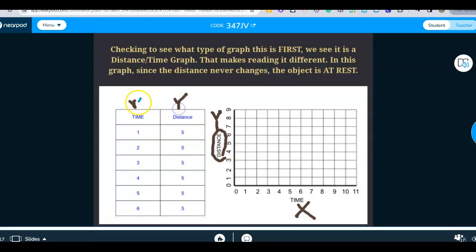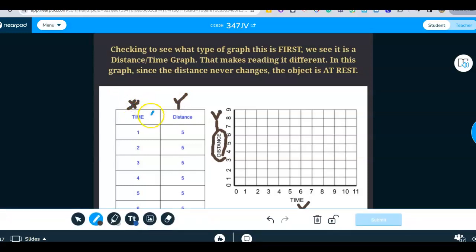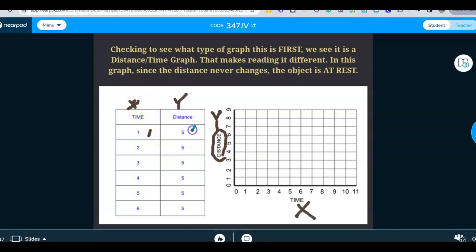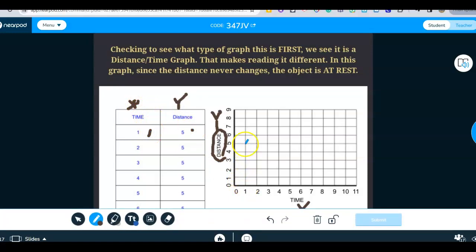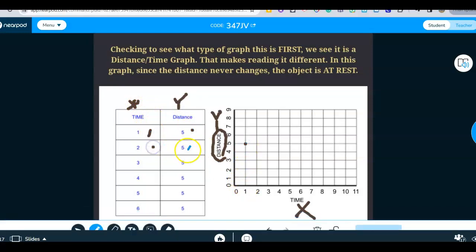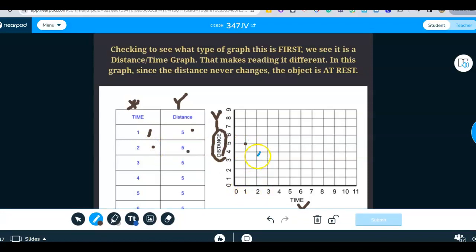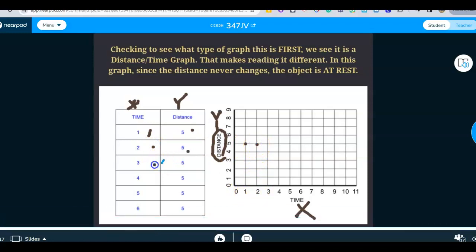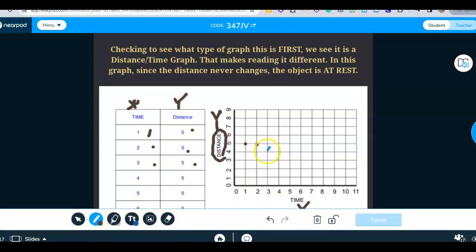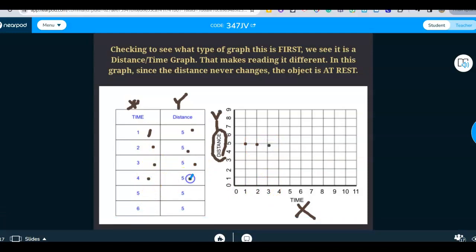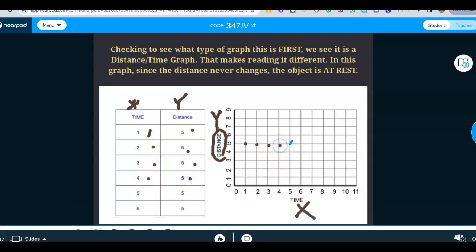Now, in the door 1, up the steps 5. In 1, up 5. In 2, up 5. In 2, I go up 5. 3, 5, I'm starting to see the pattern here. 4, 5, okay, I think I've got it. 5, 5, and 6, 5.